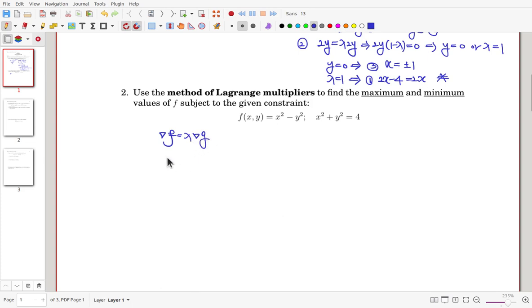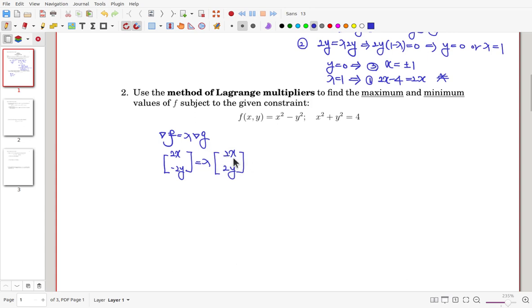The x derivative is 2x, the y derivative is minus 2y, equals lambda times 2x and 2y.